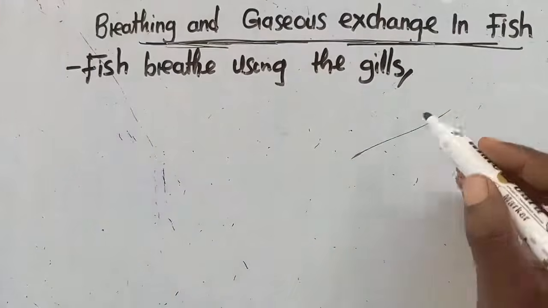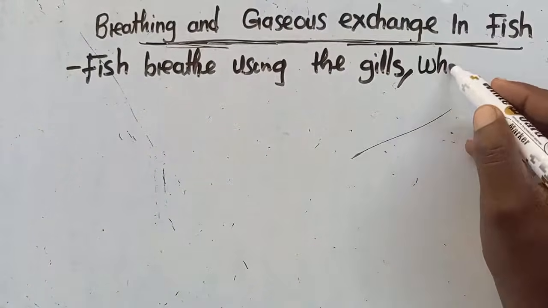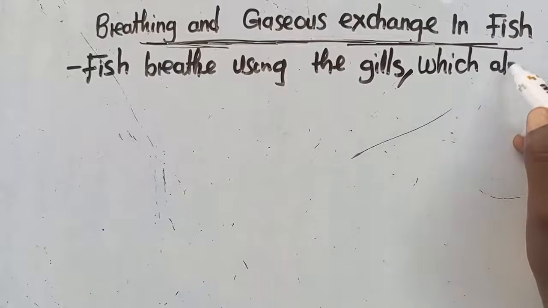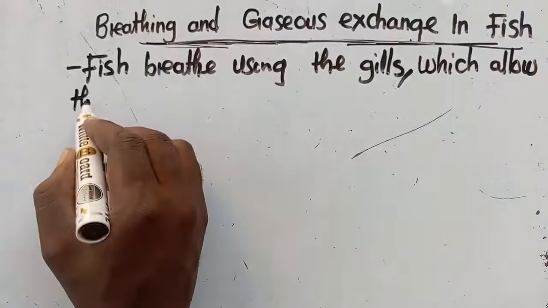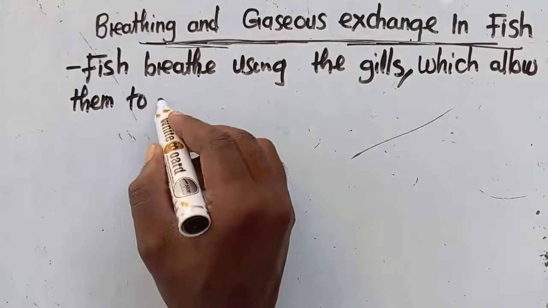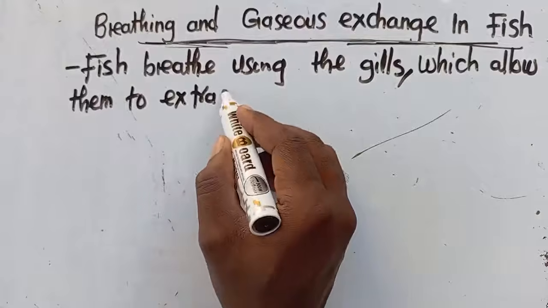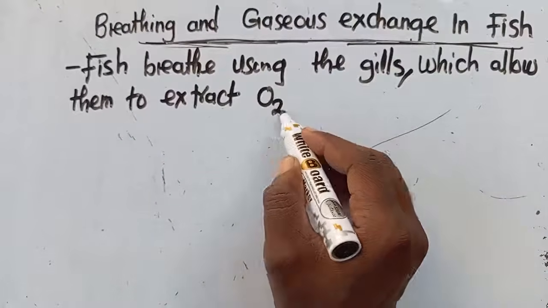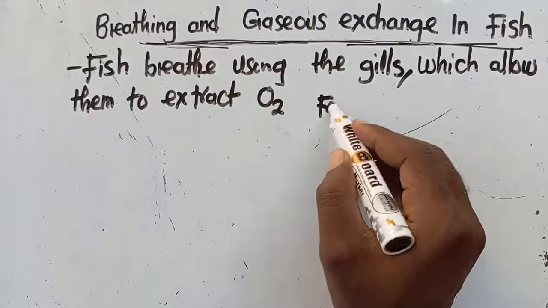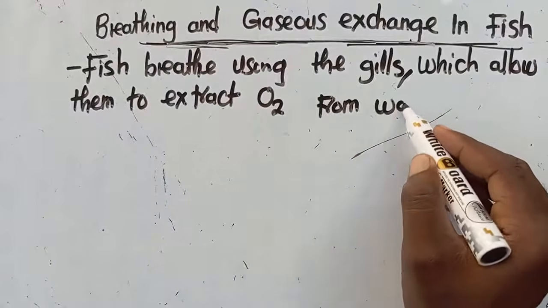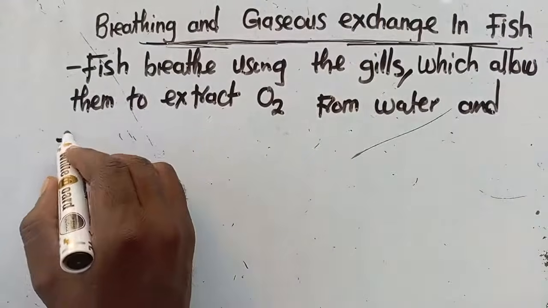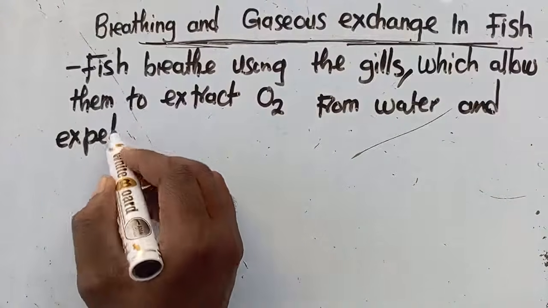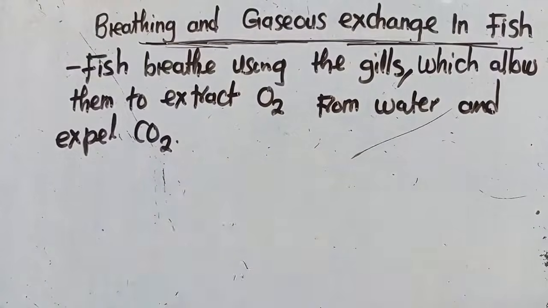These gills allow them to extract oxygen from water and expel carbon dioxide. This is the first point you need to understand.